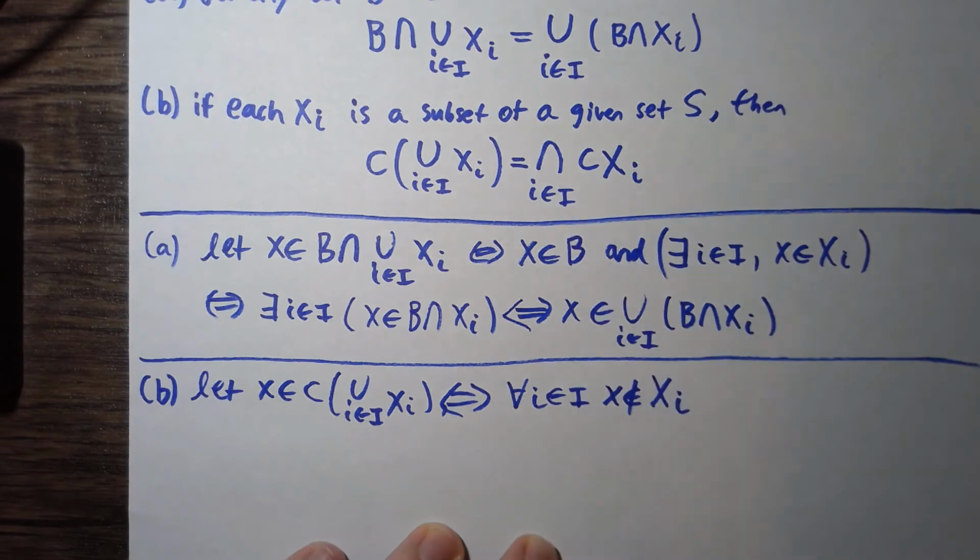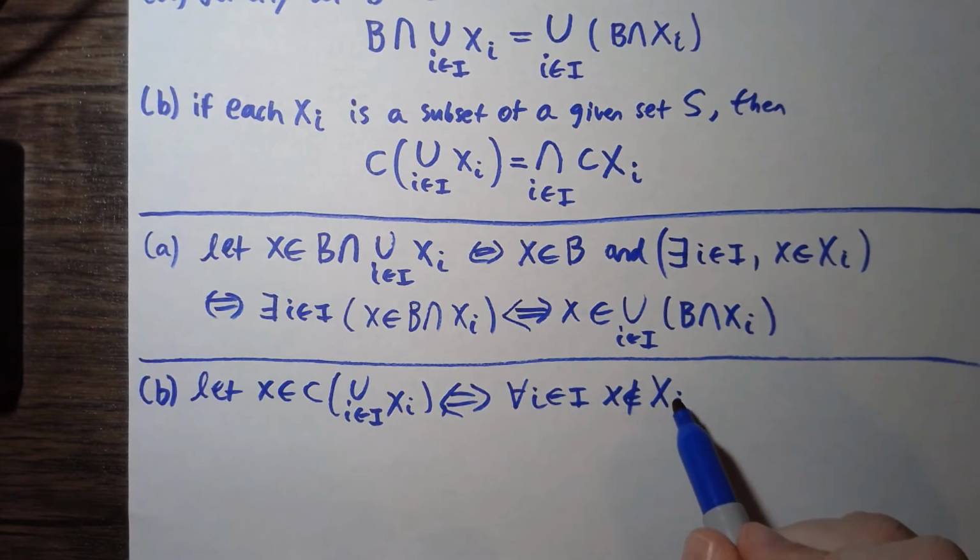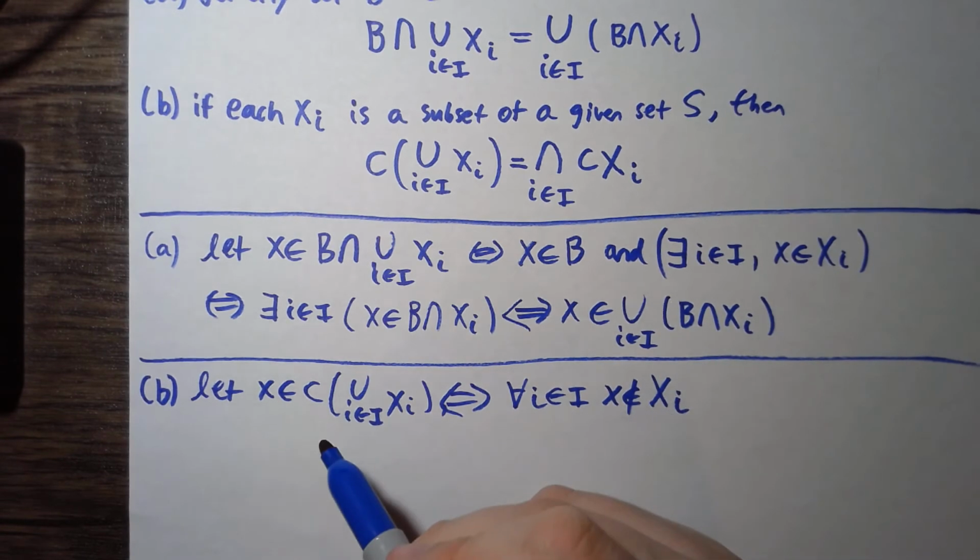So we want to get to this intersection, and for every i in I, we have x is not in x sub i.